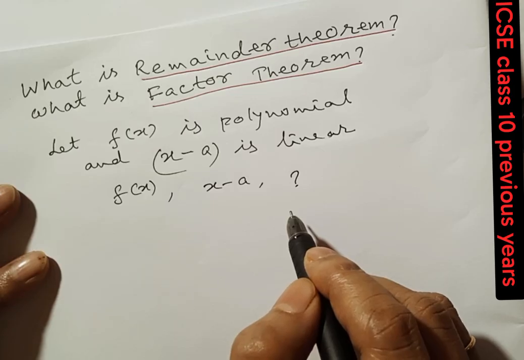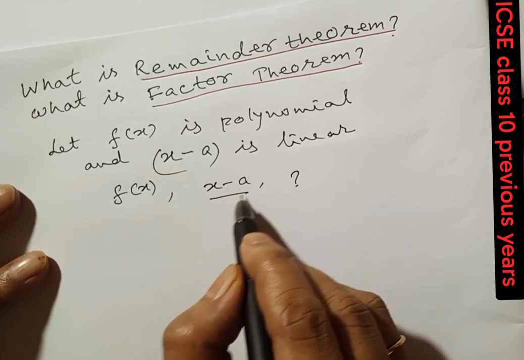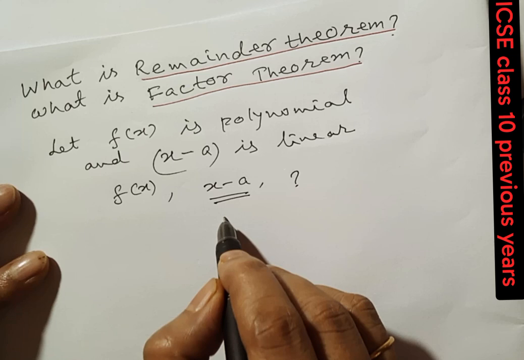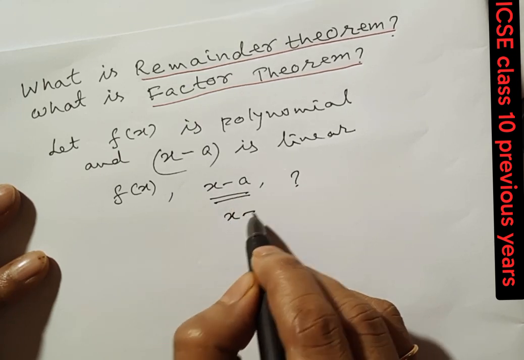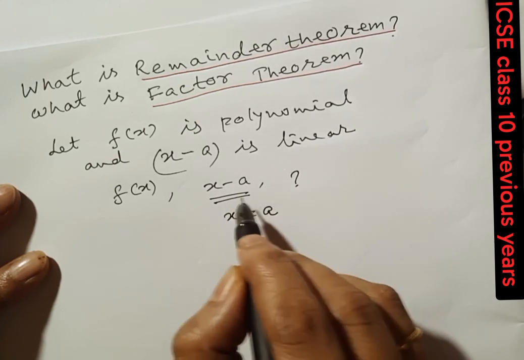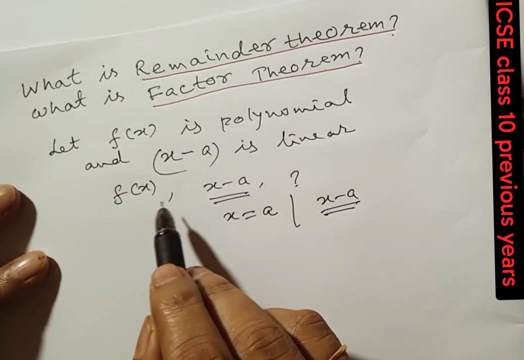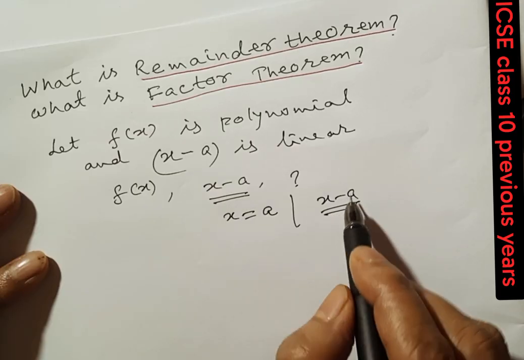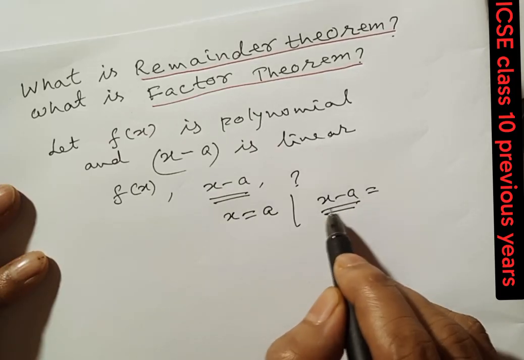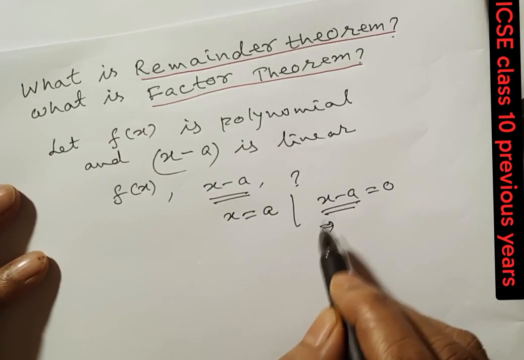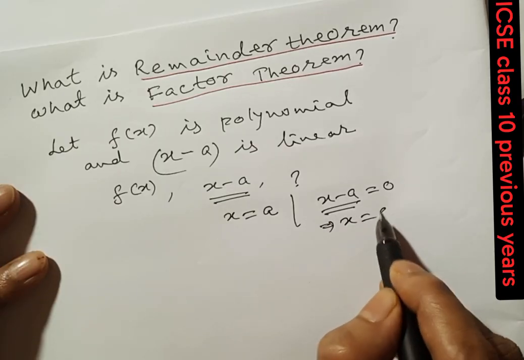This is our question. First we put x equal to a, since we divide f(x) by x minus a. From x minus a we obtain the value x equal to a.